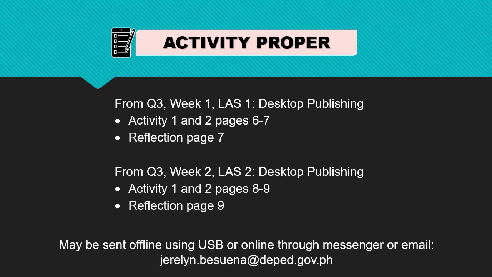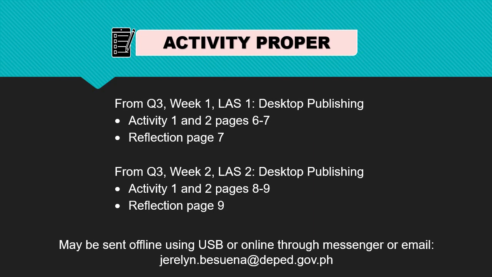Okay, so since we are done with our discussions and knowledge check, it's time for your activity proper. Refer to your LAS 1 and 2, that is for week 1 and 2 in the third quarter Desktop Publishing, and then answer activities 1 and 2, pages 6 to 7 for week 1, LAS 1, and also the reflection on page 7.